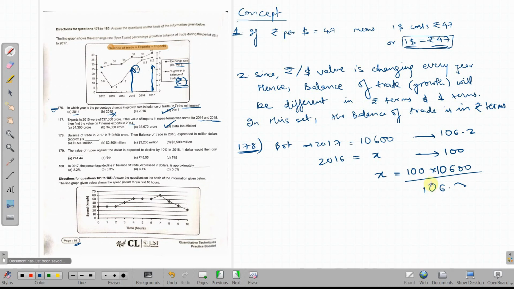Achha. Now let's quickly look at the answer options. How close the answer options are. So you'll see 2500, 2800. It's more than a 10% change. So if I just ignore this 0.2, it is not even 1% over here. So it won't make a very huge change.